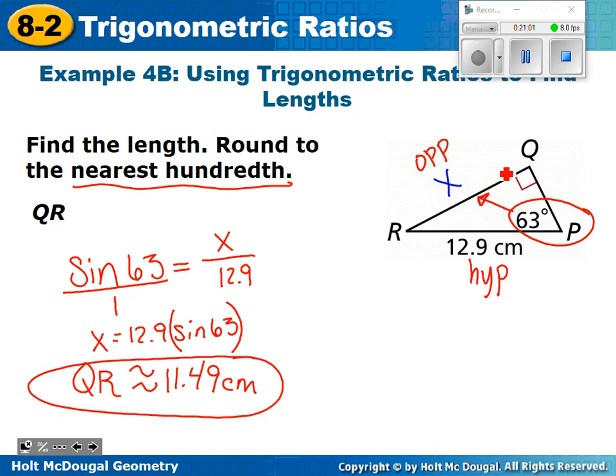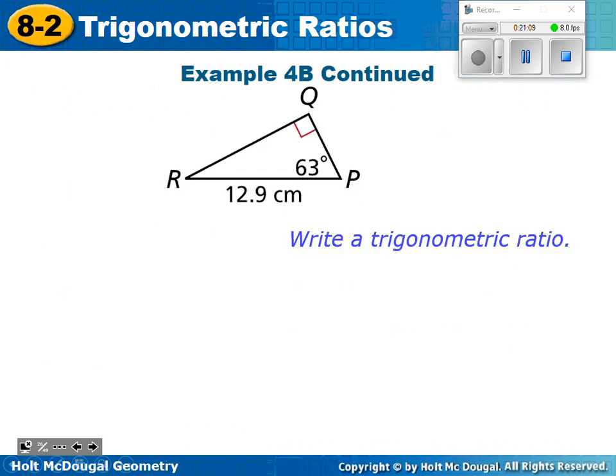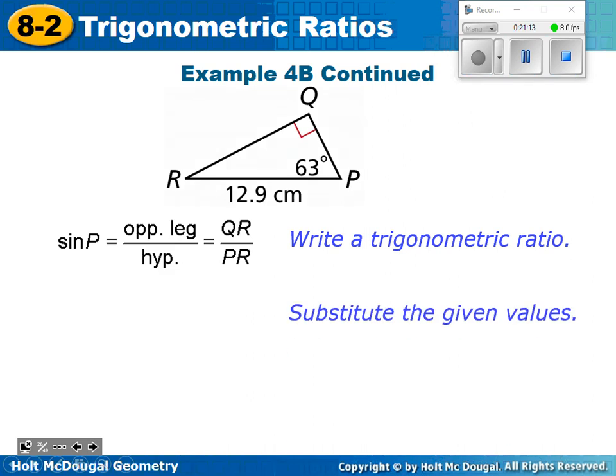Alright, so I got set 39. What does this mean? We're trying to find X over 20.